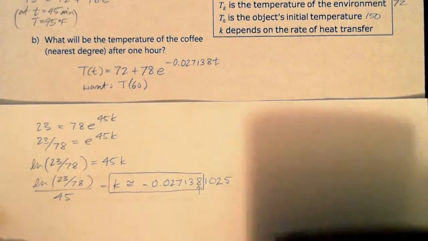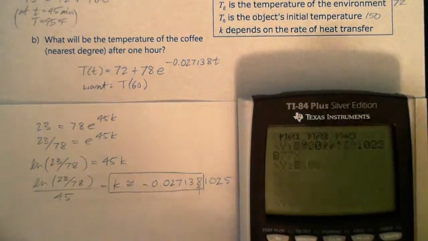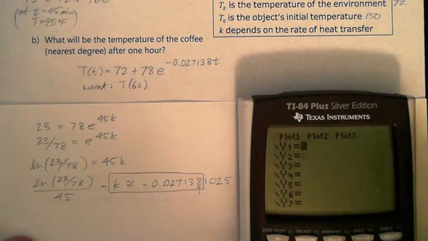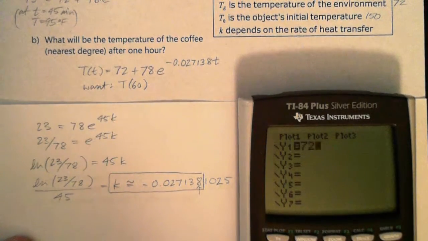I'm going to go ahead and enter that function because we may be using it more than once. So we have 72 plus 78 e to the minus 0.027138, again, we use x.